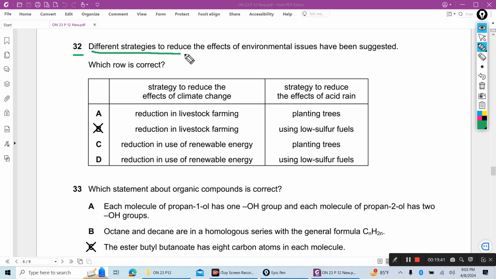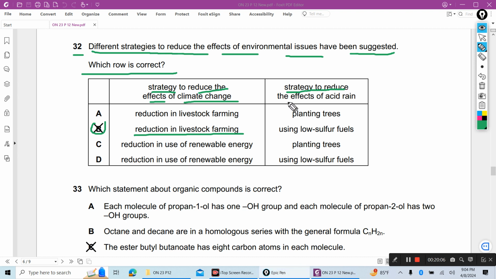Different strategies to reduce the effects of environmental issues have been suggested. Which row is correct? Strategy to reduce the effects of climate change: reduction in livestock farming, so climate change can be prevented.